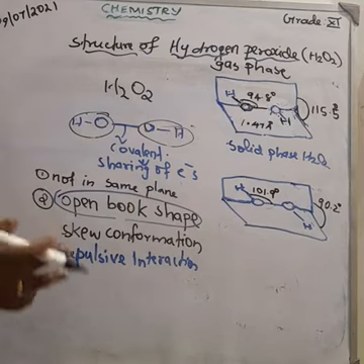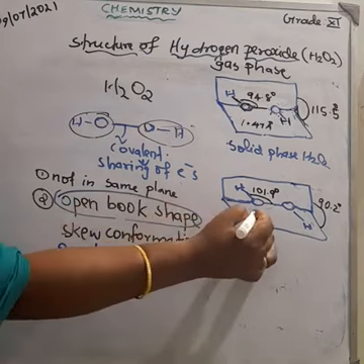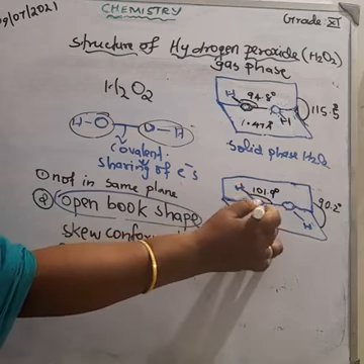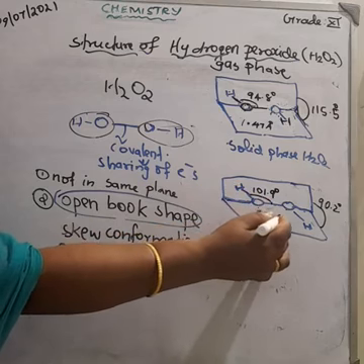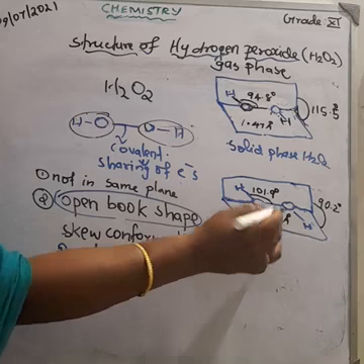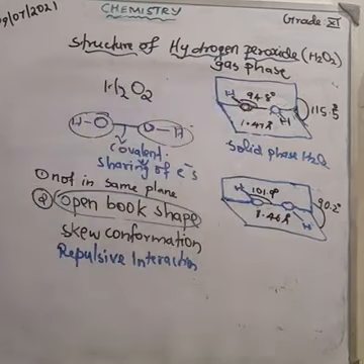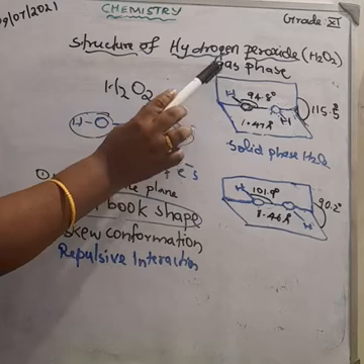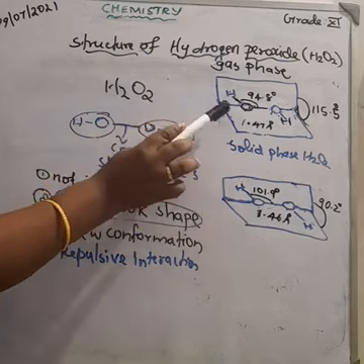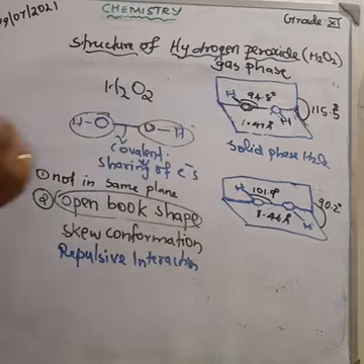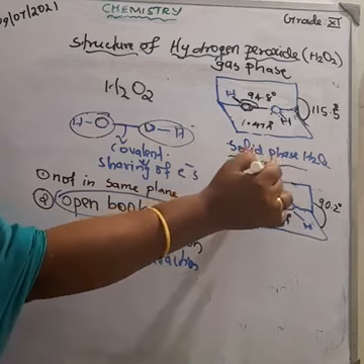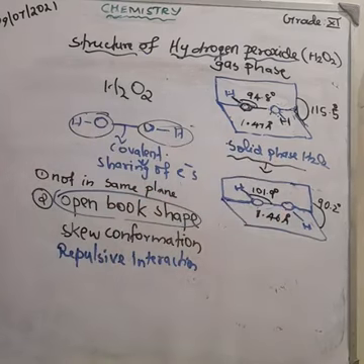And the oxygen distance is also reduced here, to 1.46 Angstrom, where it was 1.47 Angstrom. So this is the difference between the structure of hydrogen peroxide in the two phases, gas phase and solid phase. These two structures are important, you should understand this.